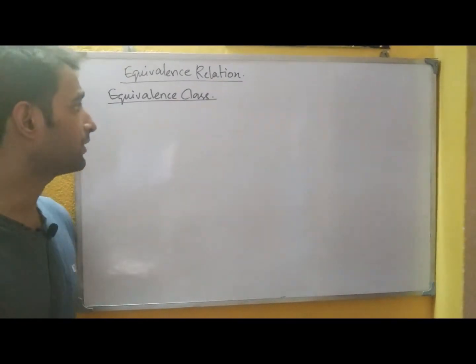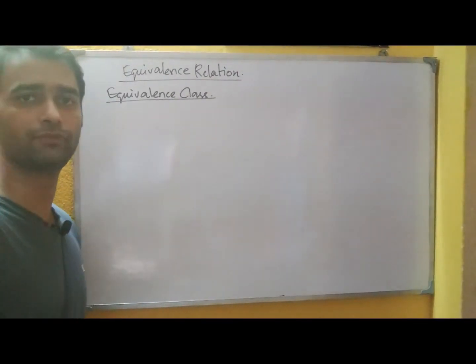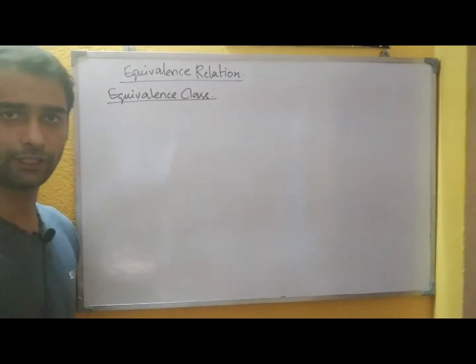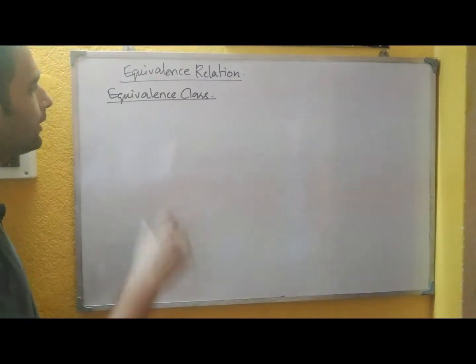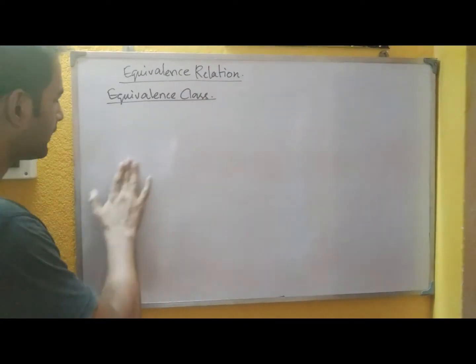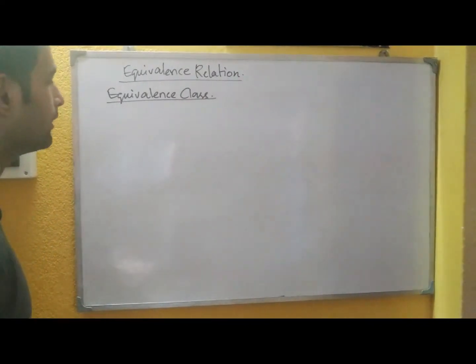Okay, so previously we have seen some examples of equivalence relations. Now we will take one of them and see how it gives equivalence classes and makes a partition on its set.